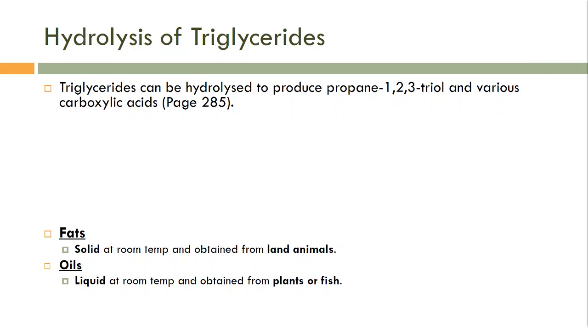Right, now, if you have got triglycerides, they can be hydrolyzed to produce propane 1,2,3-triol, so this alcohol, and various carboxylic acids which were there originally. All right, let's draw that.